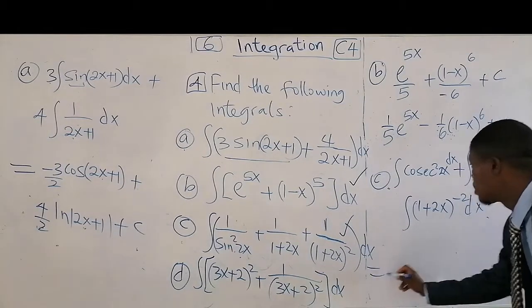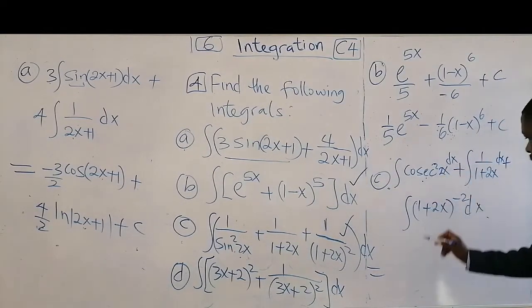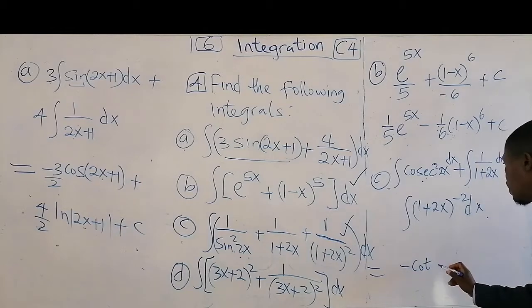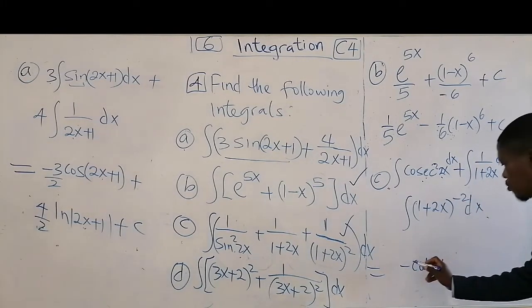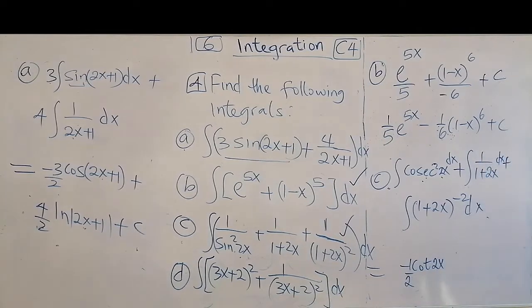So the answer will now be: the integral of cosec squared will be minus cot 2x, then you divide by 2, so that's 1 over 2. The integral of this function will be ln|1 + 2x|, then you divide by the attachment to that function, 1 over 2.